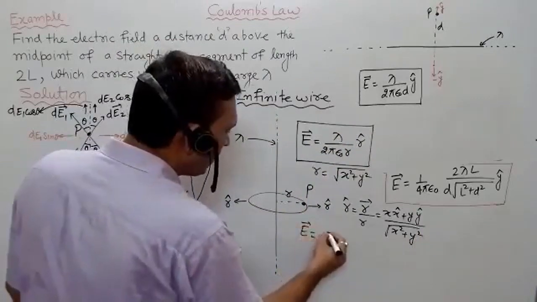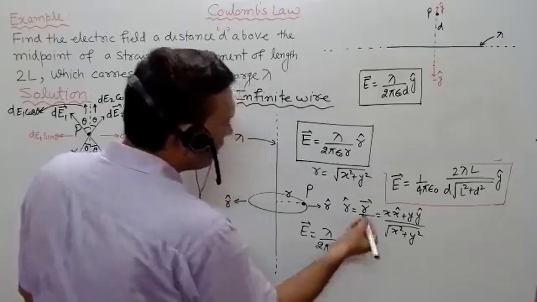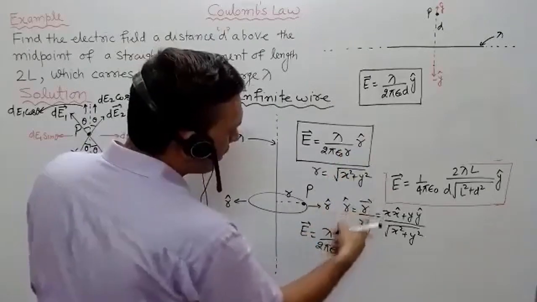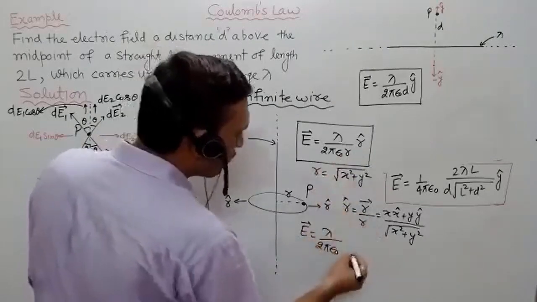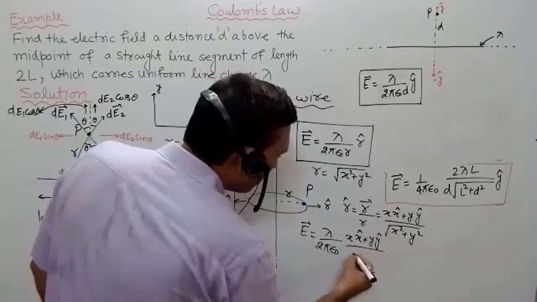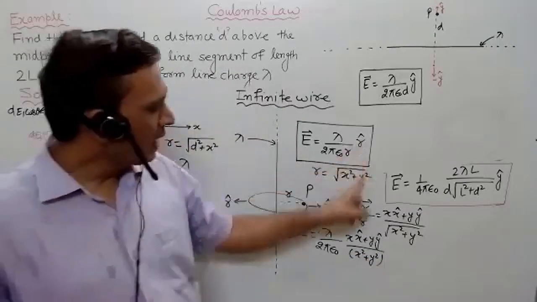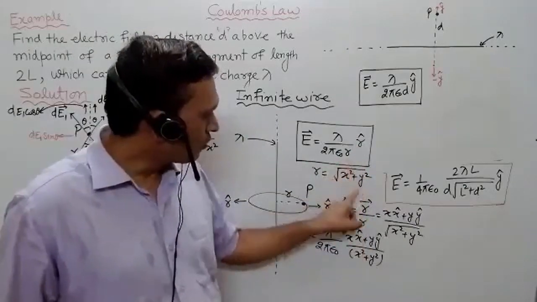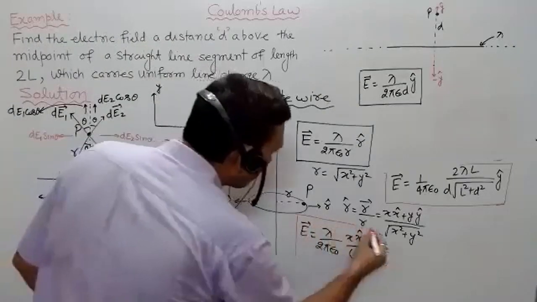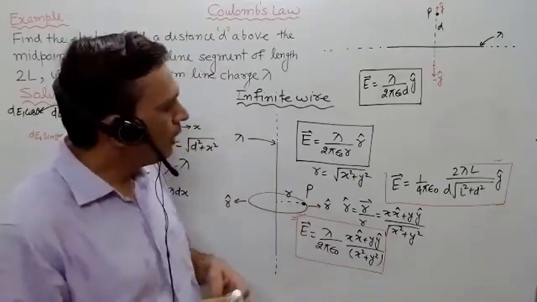In Cartesian coordinates, you can write this as lambda by 2 pi epsilon naught times r cap. R cap is vector r by r, so that will give you r square in the denominator. So this is x x cap plus y y cap by x square plus y square. R cap is vector r by small r, so r square will give you x square plus y square. So you can also express it in this form. Is it clear? Field due to an infinite wire.